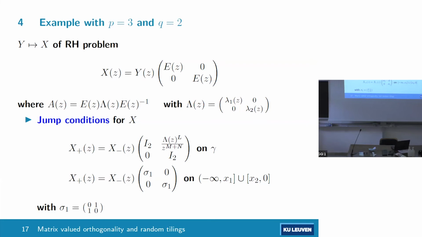If you then look at what happens with the jumps in the Riemann Hilbert problem on this gamma, we had identity jumps here along the diagonal, but the 2 by 2 right upper block becomes a diagonal matrix. The lambda is here to the power L and divided by this scalar function. So that's a useful thing, that this becomes diagonalized.